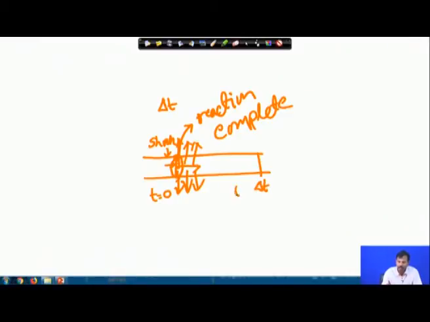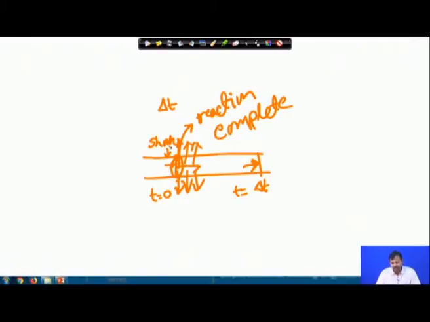So, here t is equal to delta t, the shock is at this position by the time the reaction is complete and the gaseous products are coming out from this position. So, what will happen: at t equal to 0, shock is released from this place. At t equal to delta t, when the shock is at this place, that time the gaseous products are coming out from the explosive.